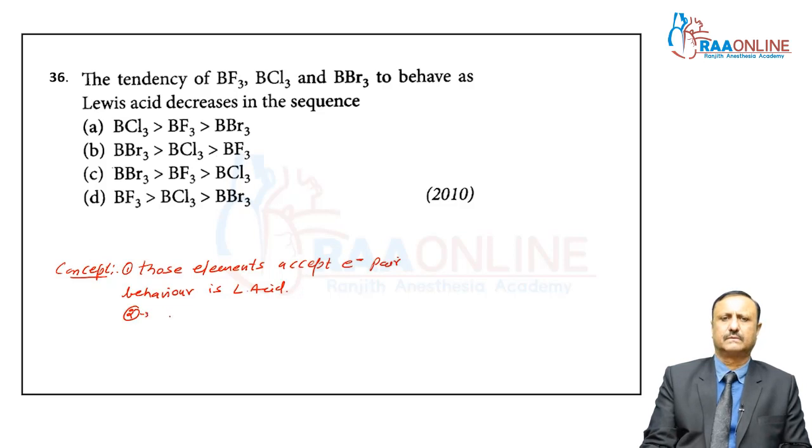Number two, here in all the examples the element is boron, but you can see the halogens change.